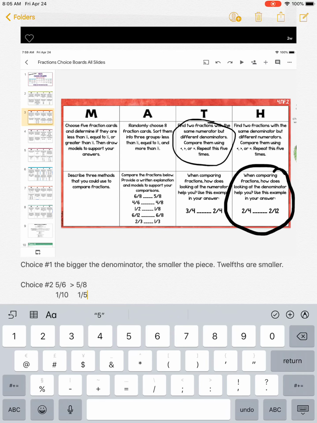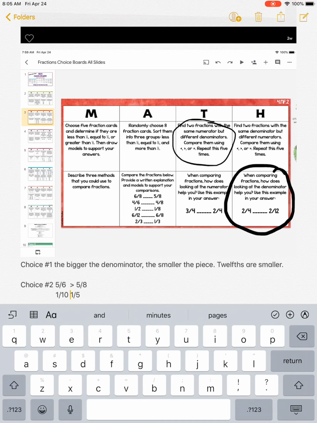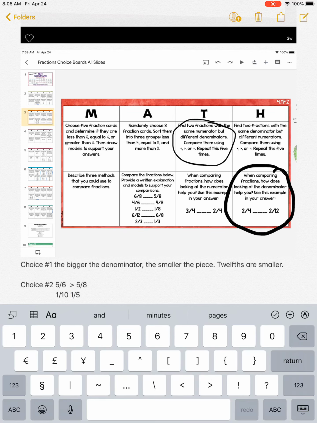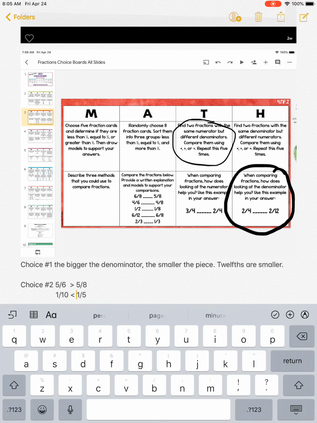Think, would you rather have 1/10 of a pizza or 1/5 of a pizza? 1/10, because 10 is a bigger denominator, is smaller than or less than 1/5. Okay, just like that. So you can write out your answer choices on a piece of paper, or at the very end of the slides, there's some slides if you'd like to try and work it out on the Google Slides, that's fine too.